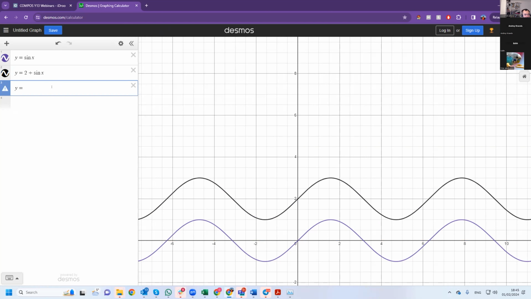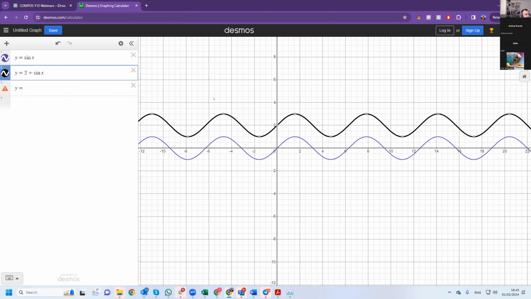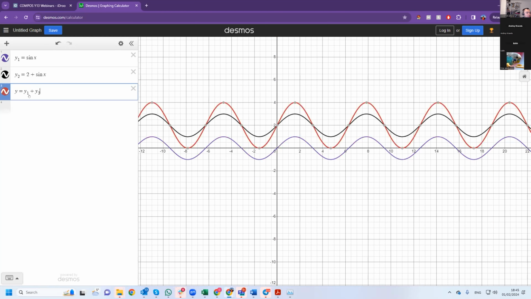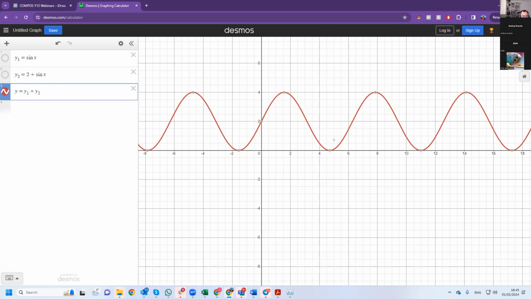If you add them together, y equals y1 plus y2. Ooh, beautiful. Lovely. I really like that.